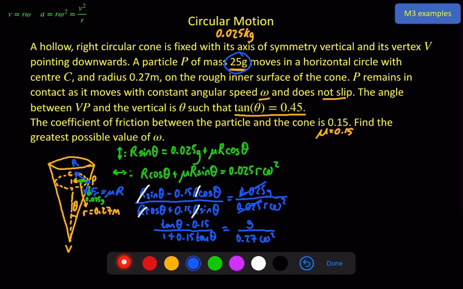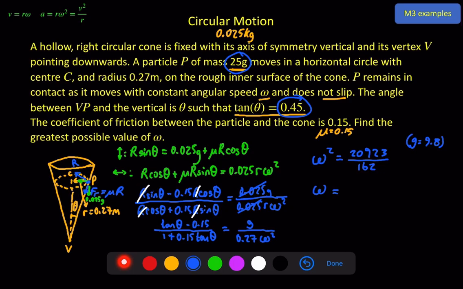Rearranging all of that and using tan theta is 0.45 gives an omega squared of a suitably horrible fraction, 20923 over 162. And then when I square root that, I should put it into decimal form because that's already using g equal to 9.8, so I can't leave it looking exact.